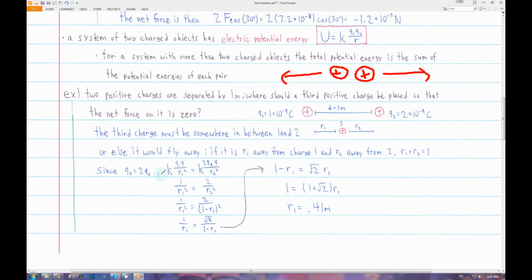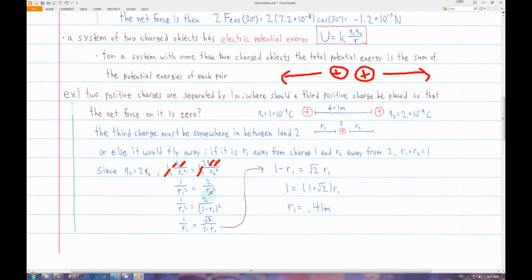So we write Coulomb's law for both of these forces, where instead of writing Q2, I wrote 2 Q1, and then we can cancel out the k's and the charge of the third charge, and then the Q1s. And all we have is 1 over r1 squared equals 2 over r2 squared.